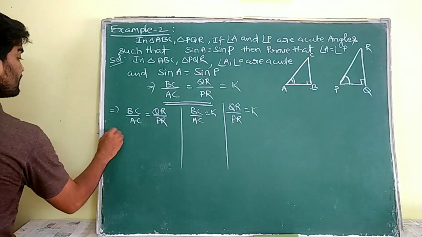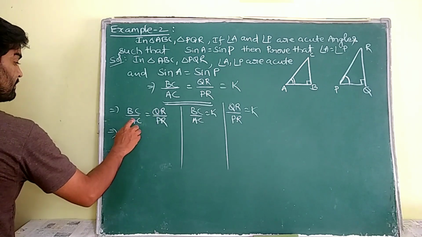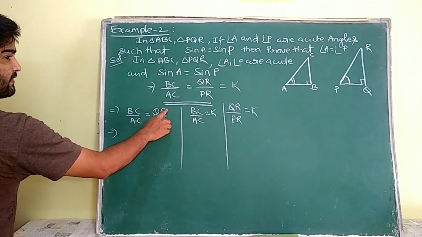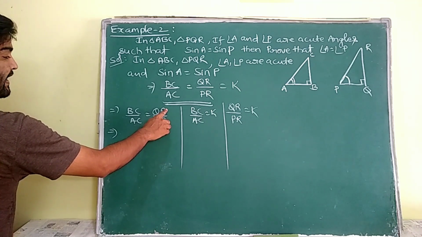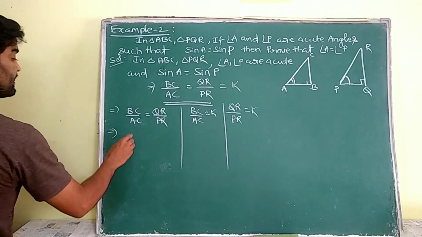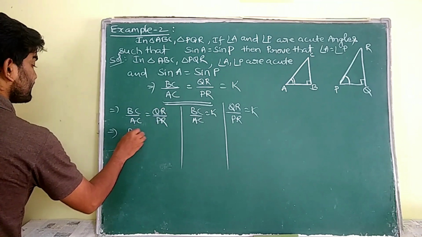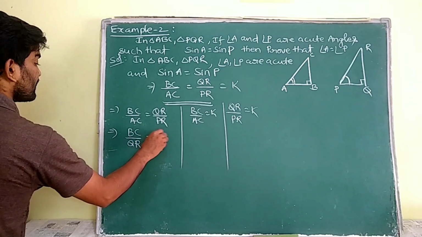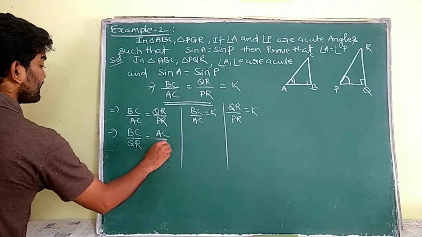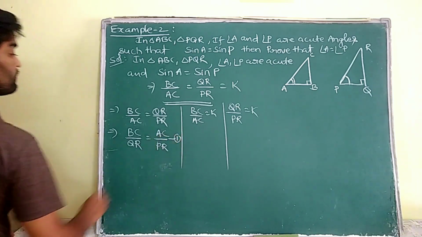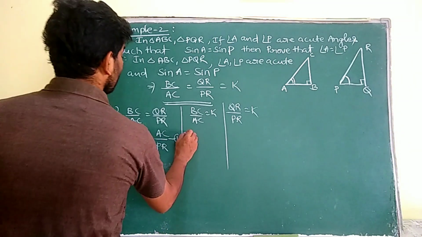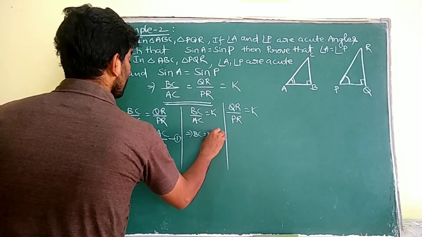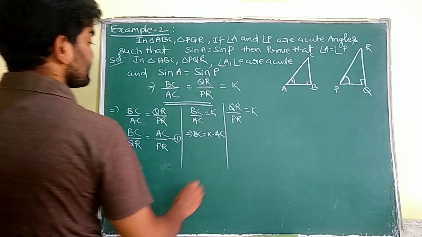Now, transfer this AC to the numerator of the right hand side and bring this QR to the denominator of the left hand side. BC by QR is equal to AC by PR. Let it be 1. Now, by this, BC is equal to K into AC.